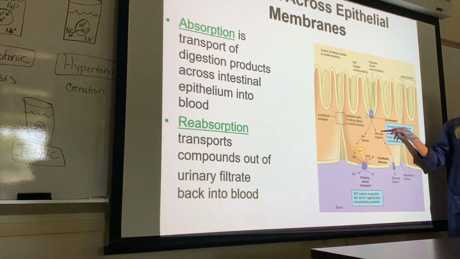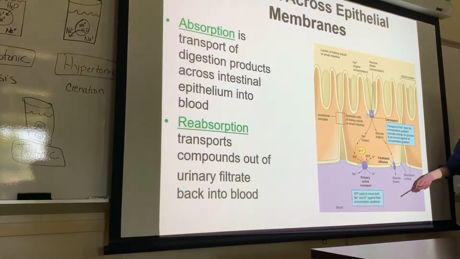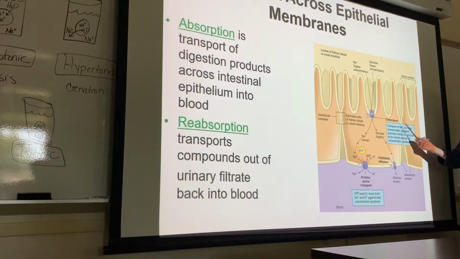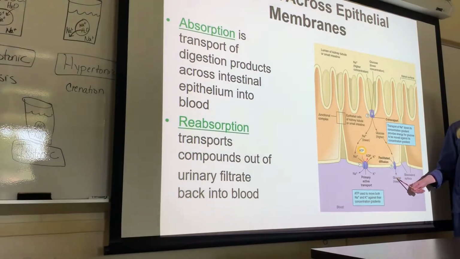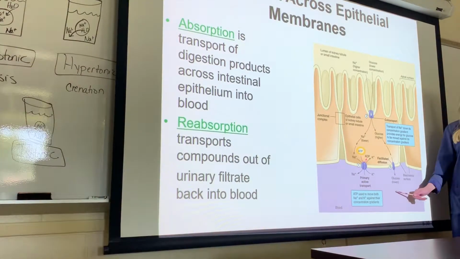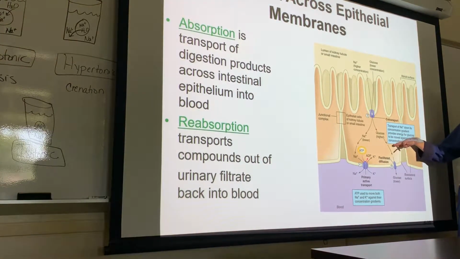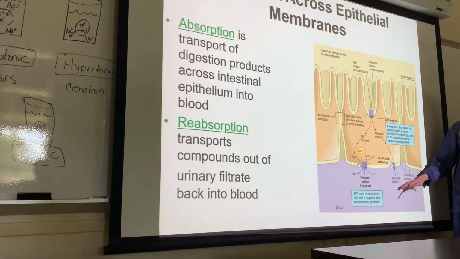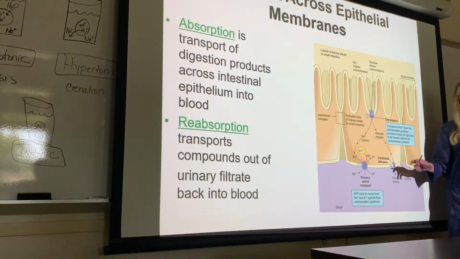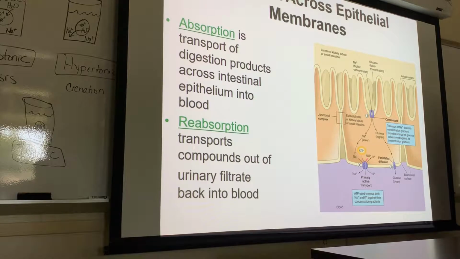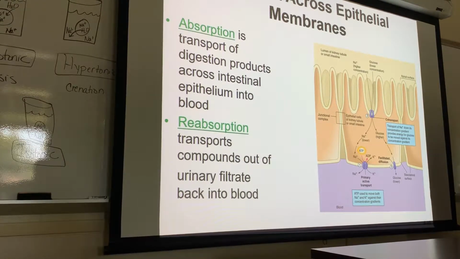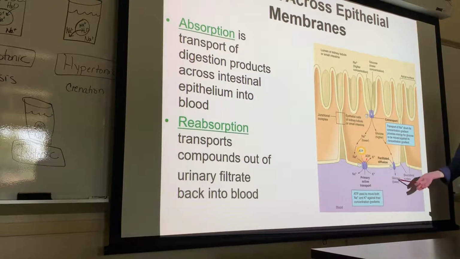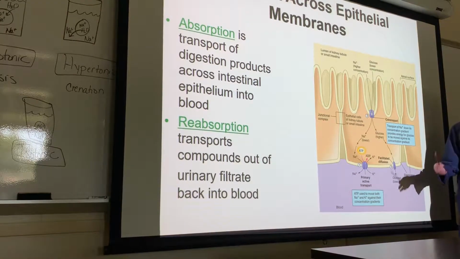Glucose then, being in high concentration inside the cell and lower in the blood, through facilitated diffusion, is going to be able to move passively into the bloodstream. So it goes from high concentration to low, but it is too large, so it requires a carrier protein, which again is facilitated diffusion. And then ultimately the glucose is brought into the bloodstream, and that's reabsorption.